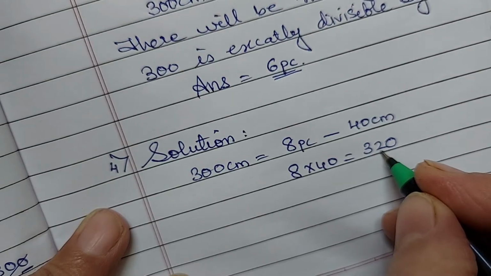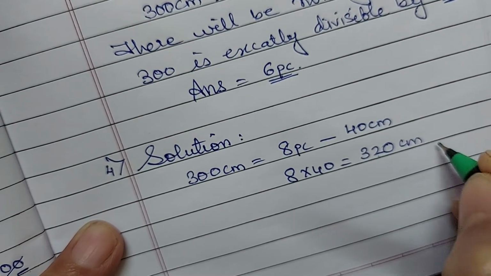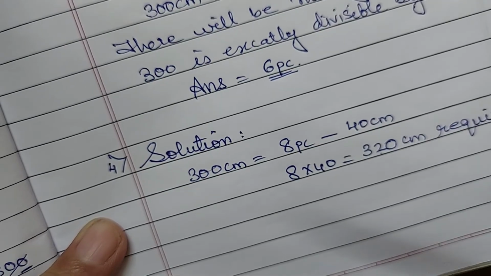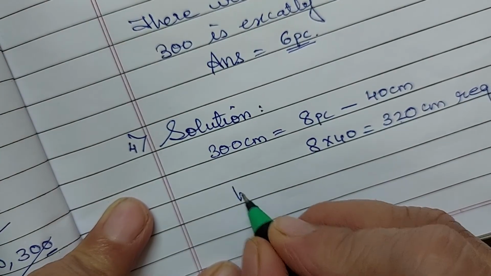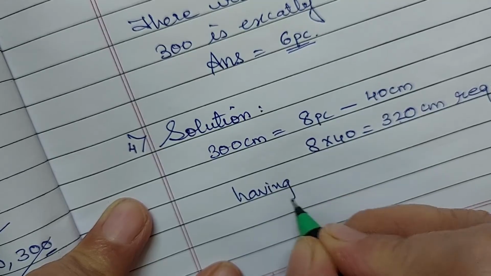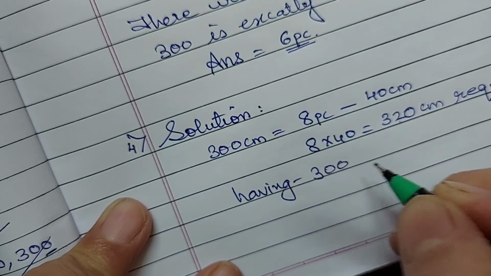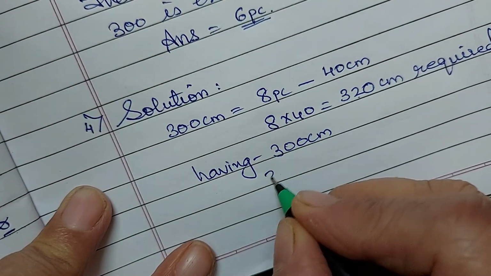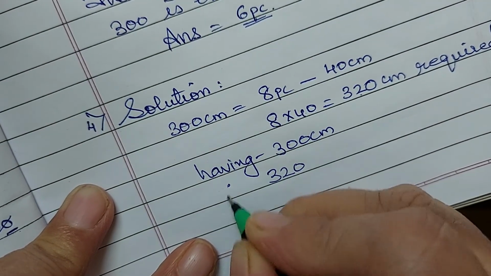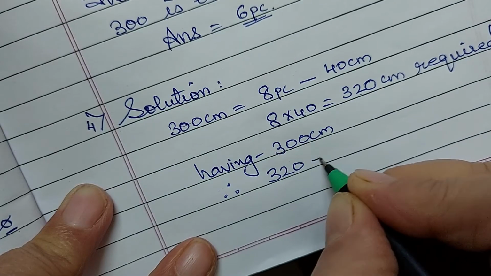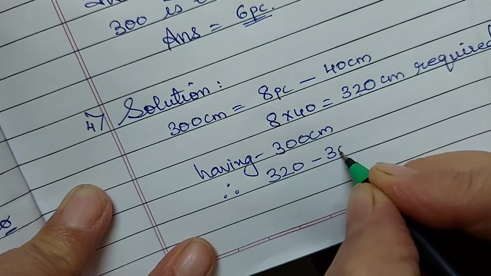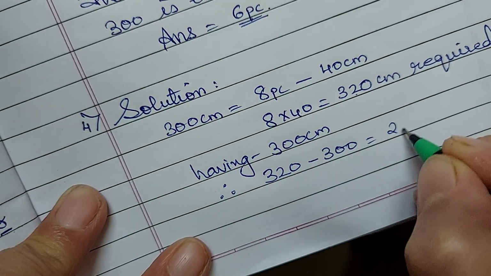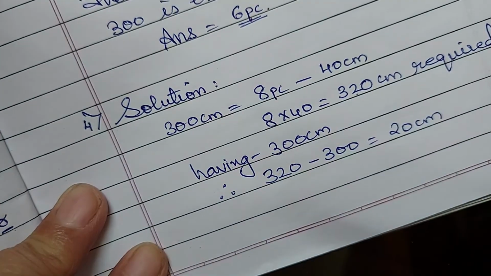Now this is required. Okay, I am having how much? I am having 300 centimeters. So if 300 is subtracted from 320, we get 20 centimeters.